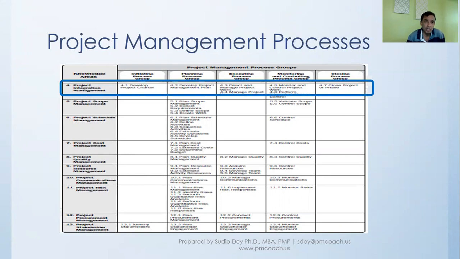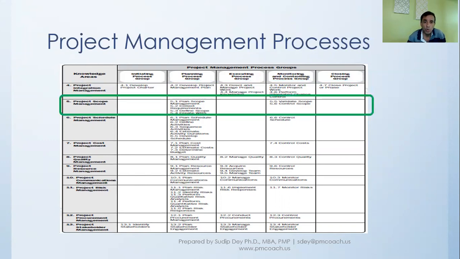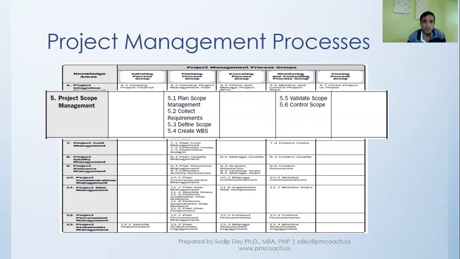From that knowledge area, we are today moving into the next knowledge area, which is scope management. If you look at it closely, you will see that there are 6 processes, 4 of them in the planning process group and 2 of them in the monitoring and controlling process group. Let's look at them one by one.